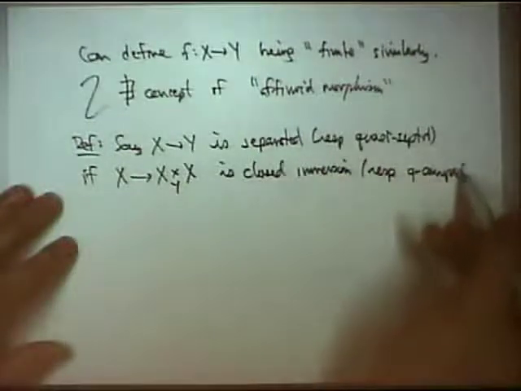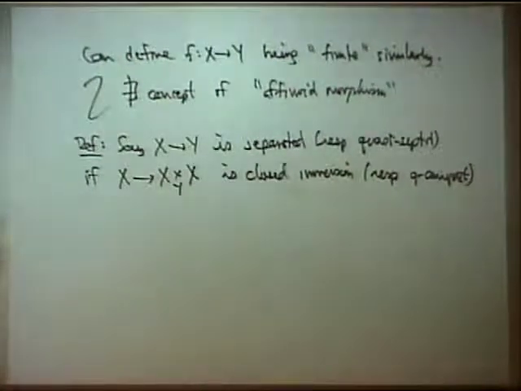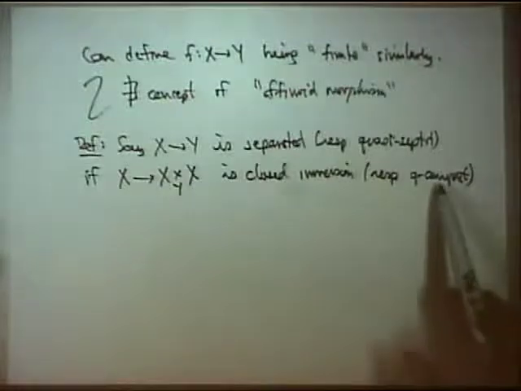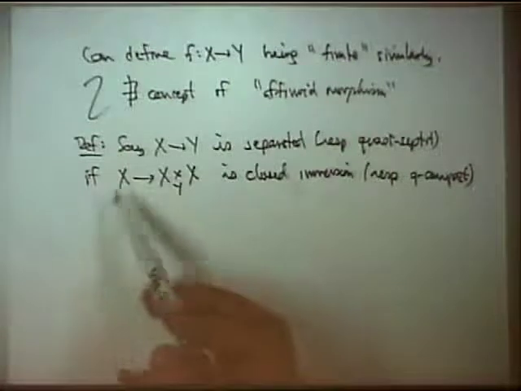If you have never heard of the concept of quasi-separated, then just ignore everything I ever say about it. Just think about separatedness, and you won't lose anything. And again, quasi-compact means that the preimage of any quasi-compact admissible open is again quasi-compact.